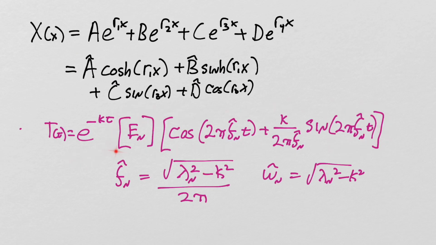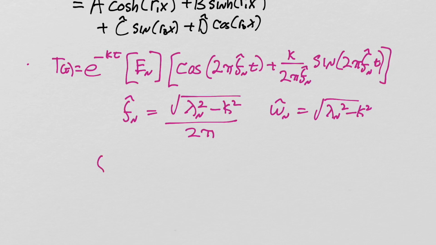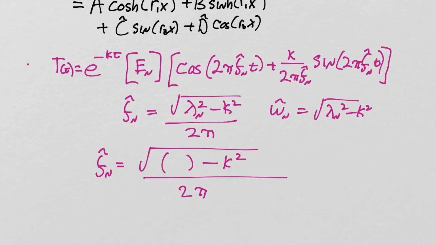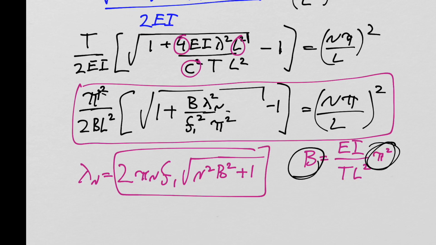This is the time part of our solution, and this is the frequency. And notice the frequency had this damping piece in it, but it's waiting for us to calculate lambda n, which we just did. So now we write the frequency is equal to the square root of, and we're going to put in here our version of lambda n squared, over 2 pi. And this number here, what we put right in there, is the square of this.